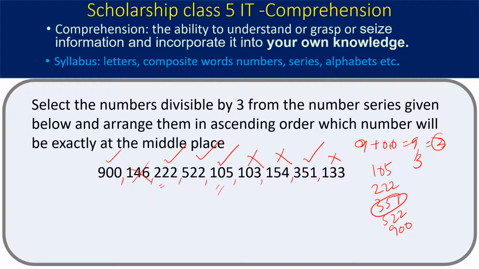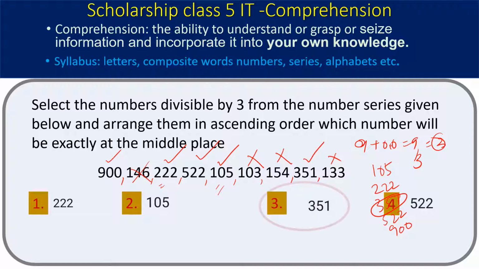Then you have 222 and 522, and in between there is 351. The answer is 351. You will use your intelligence to answer, that's why this is coming in an intelligence test. Intelligence is not about finding which number is divisible by 3 or how to write in ascending order. No, how quickly we can do it is what intelligence is. So the answer is 351 in this case.